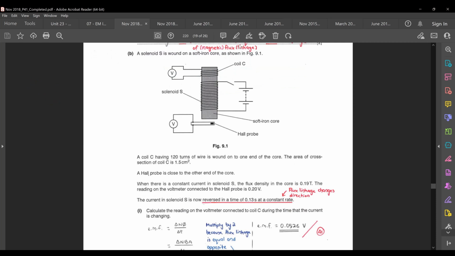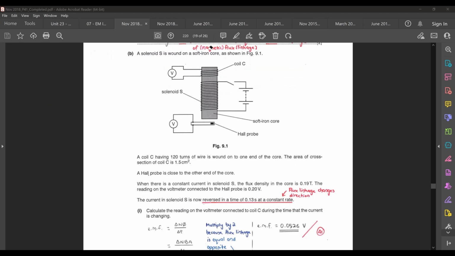Now, look at part B. B here says that a solenoid S is wound on a soft iron core as shown in this figure. Coil C having 120 turns of wire is wound on one end of the core. The area of cross section of core C is 1.5 centimeter square. A Hall probe is close to the other end of the core.